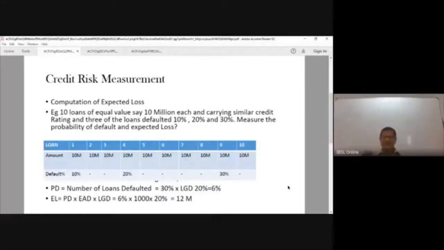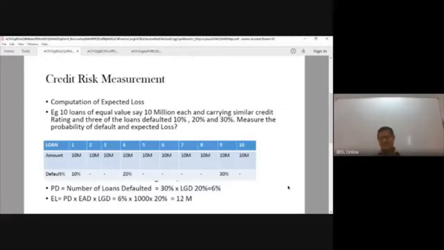We'll say their credit rating is triple B. So we consider all these 10 loans are triple B clients, and ideally the money also should have been taken for a similar duration. These need statistical application in a computer to compute, but to make you understand better, I took 10 loans of 10 million each.